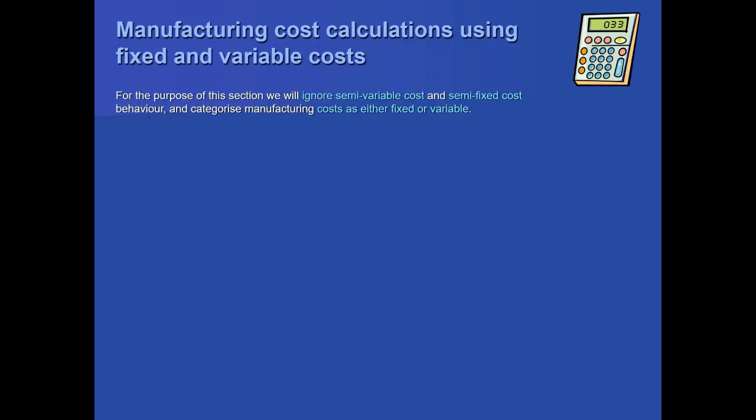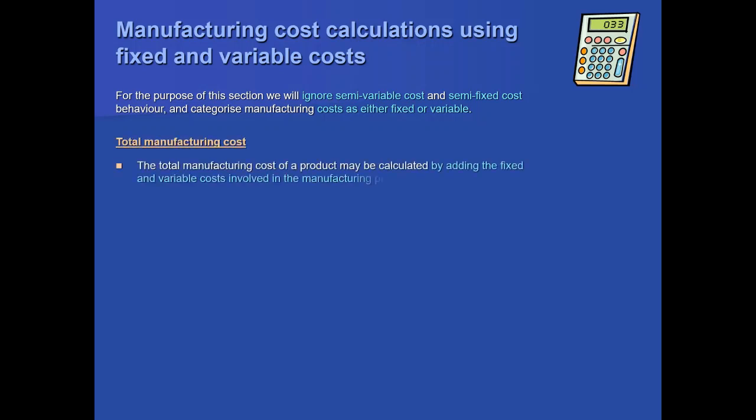So let's do some calculations using fixed and variable costs. For the purpose of this section, we will ignore the semi-variable costs and the semi-fixed costs. So we keep it simple and categorize manufacturing costs as either fixed or variable. Now, total manufacturing costs.